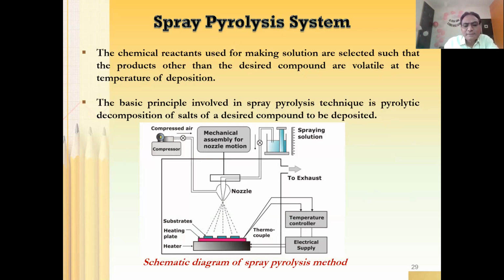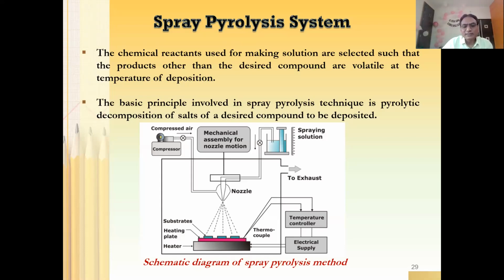You can see here, the entire system is enclosed in a fiber container. This is the heater. You need electrical supply to heat the substrate. This is the heating plate, and then we have the substrate. It is always better to have more than one substrate because the nozzle is going to be moved from one place to another in a horizontal direction.